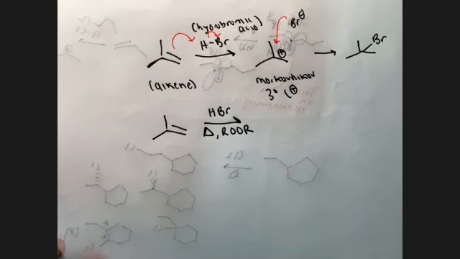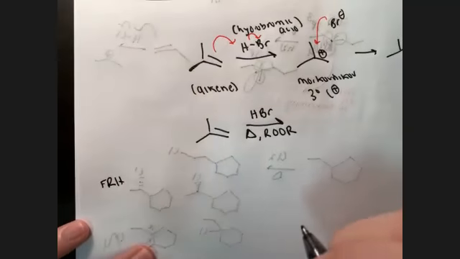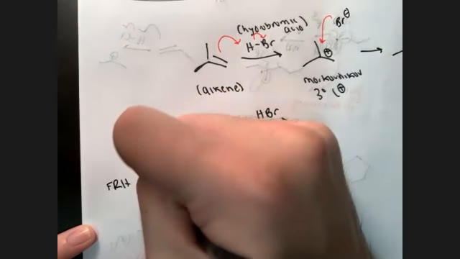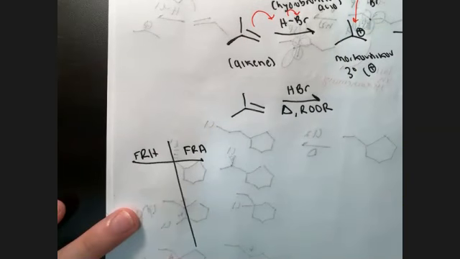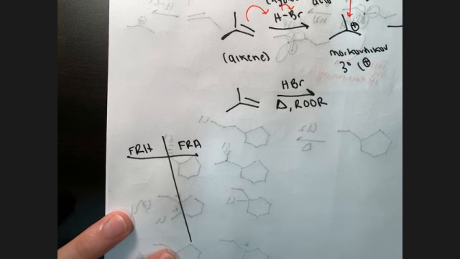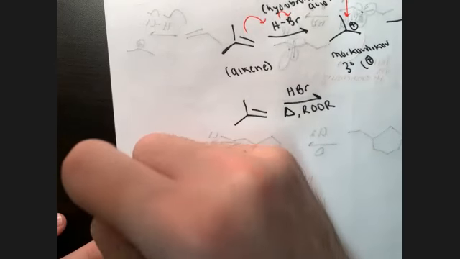So for free radical halogenation, let me draw this down here. I'm going to call it free radical halogenation, and this one I'm going to call free radical addition. Under free radical halogenation, we had initiation, propagation, termination.